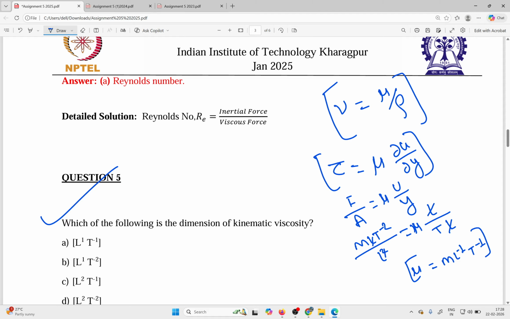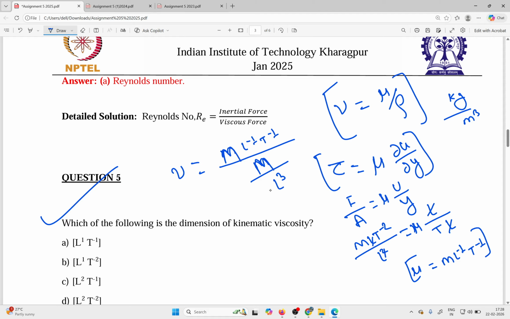Now kinematic viscosity. For mu we have M L minus 1 T minus 1, and rho is nothing but kg per meter cube. Kg means mass, remember, this is M, not meter, and meter cube is L cube.